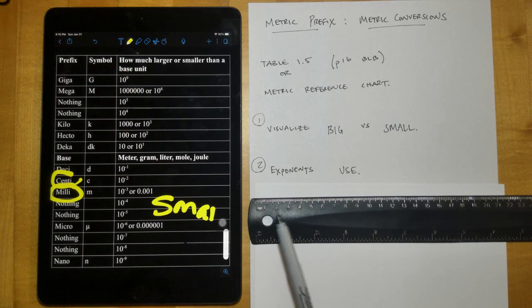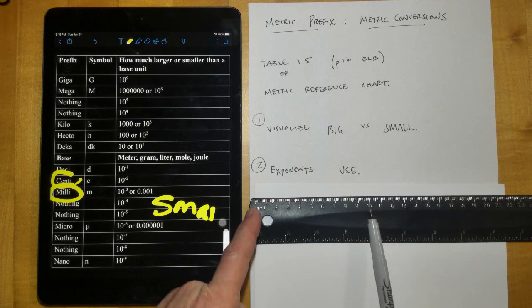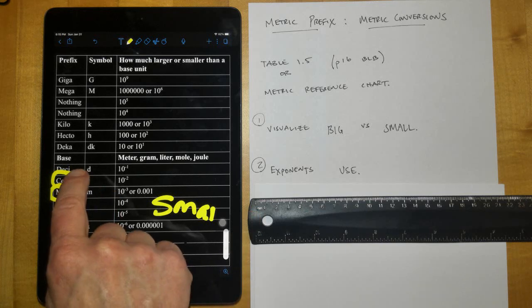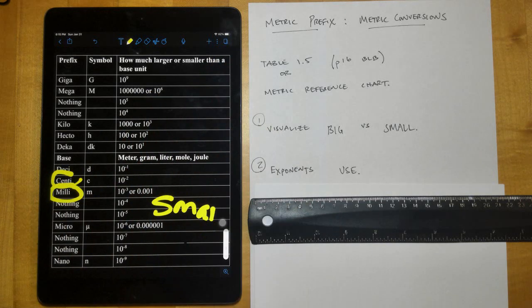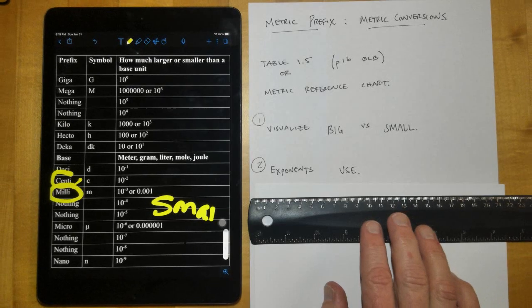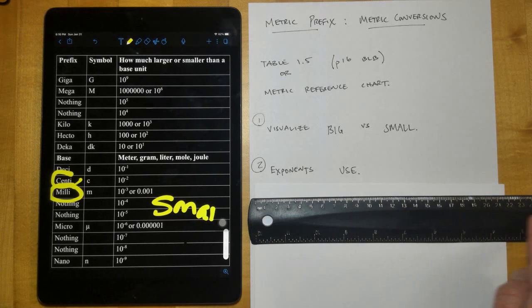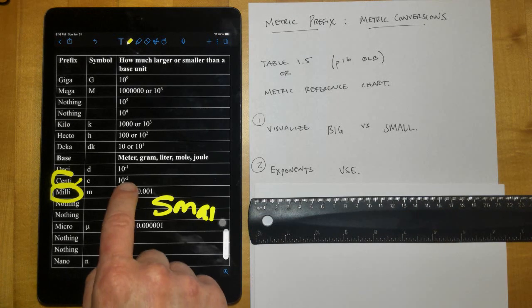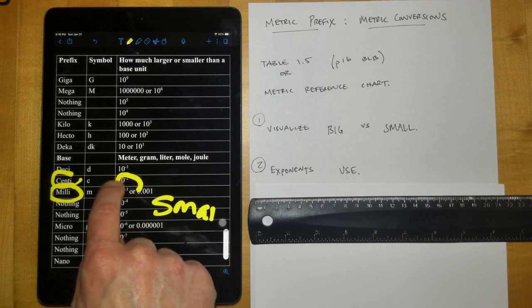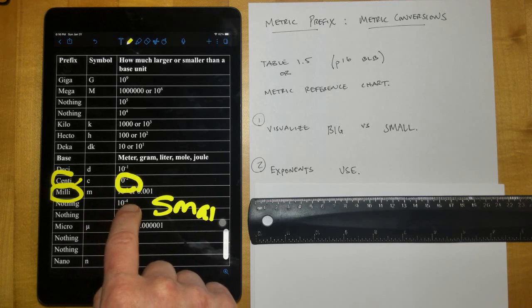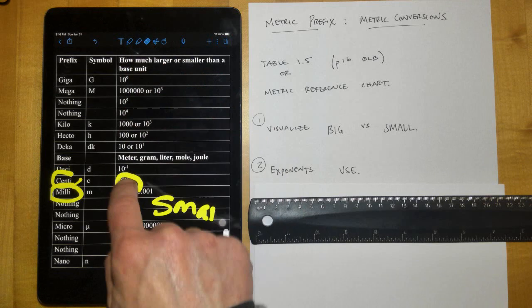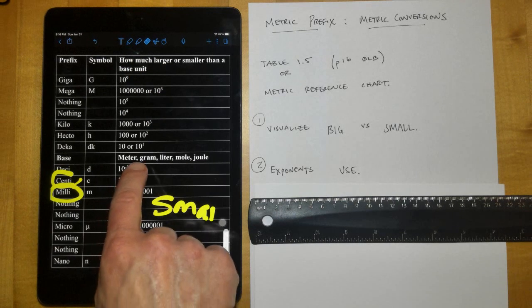You can also think of it in terms of centimeters. In 10 centimeters right here, that's called a decimeter. So this distance would be 1 decimeter. You can see the prefix deci. Obviously, if you had 100 centimeters, you would have a meter, and so there would be 10 to the 2 of these in one of these meters.